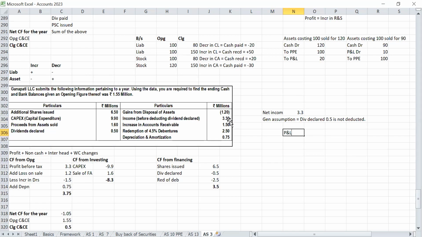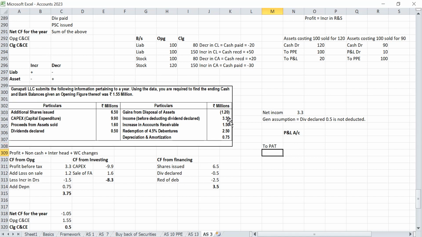Because the profit and loss account's last line item is profit after tax. Only if profit is available will I pay dividend; otherwise, I will not. Dividend is paid to the shareholder and is optional.